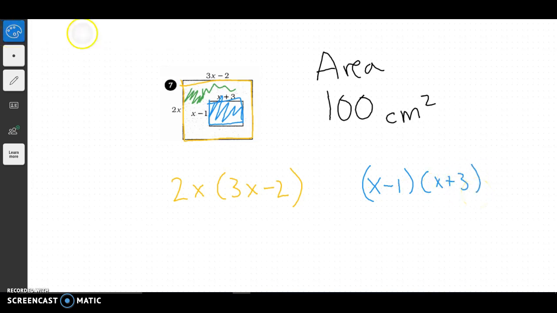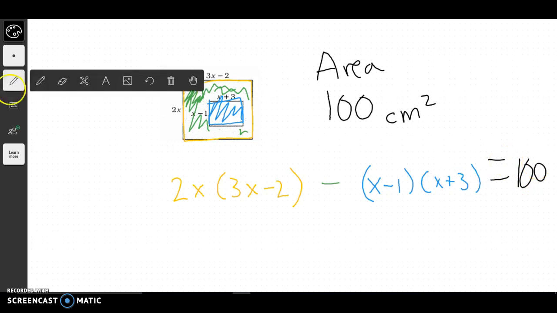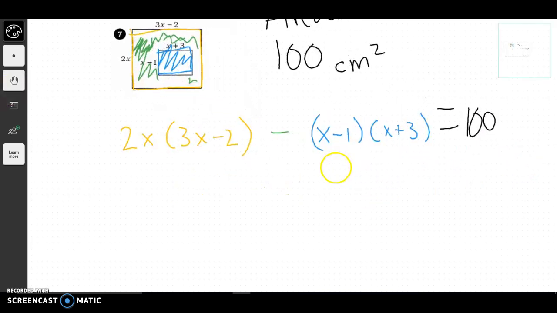And how I could find the area that I want just in green is I could subtract the two. So we're just going to do that, and we say, okay, the area of green made the whole thing equal 100. So that just looks like the problem that we just did a second ago. But we'll start doing this problem.